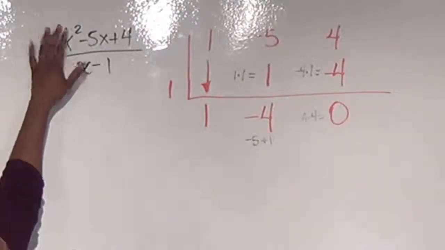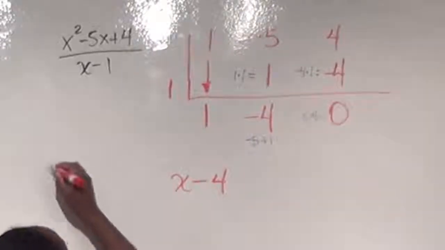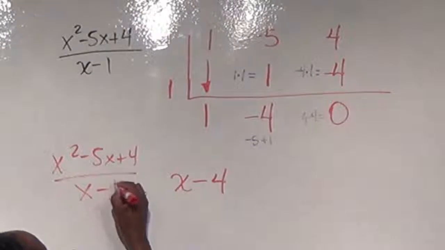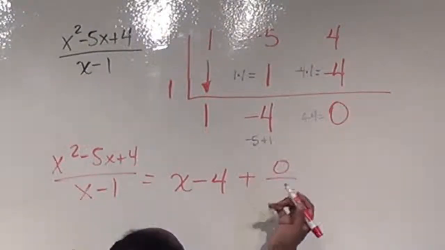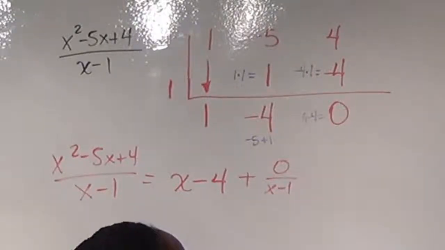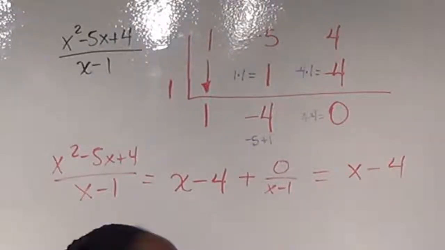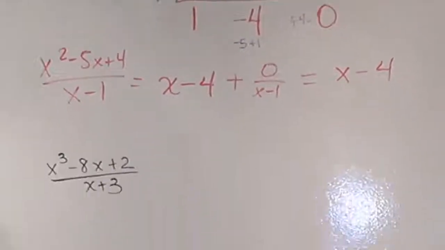If I start with a 4th degree and divide out by a factor of 1, it's going to go down to a 3rd degree. So here, my quotient is going to be x minus 4, and my remainder just happens to be 0. And you don't need to write this piece, so I can just say this is x minus 4. And we'll talk a little bit more about that nice 0 in a little bit.